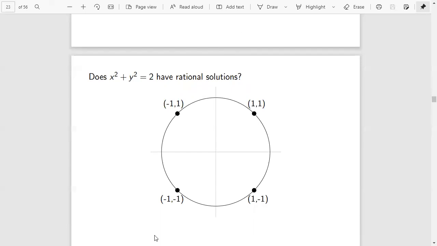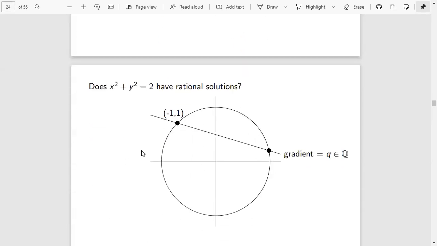We can draw a line through one of these rational points with a rational gradient, look for the other point where it intersects the circle. That'll give us a quadratic equation with rational coefficients, and we already know one root of it because we already know one intersection point. Therefore, we can factorize and get a second rational point of intersection.